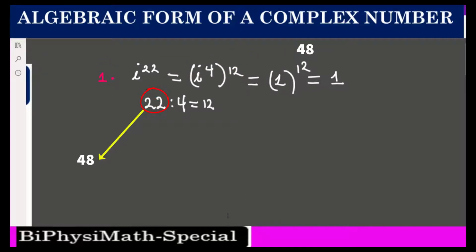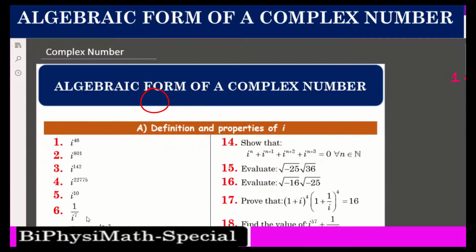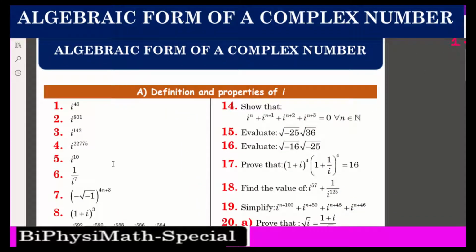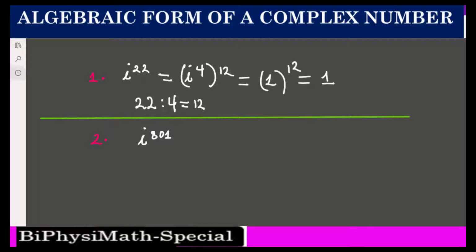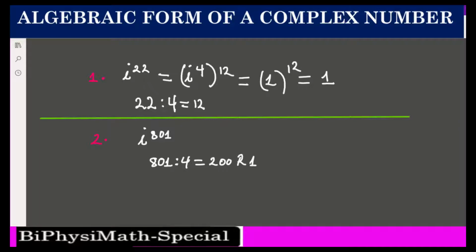Now, problem number 1 is solved. Now, problem number 2. 801 divided by 4, you get 200, remainder 1.